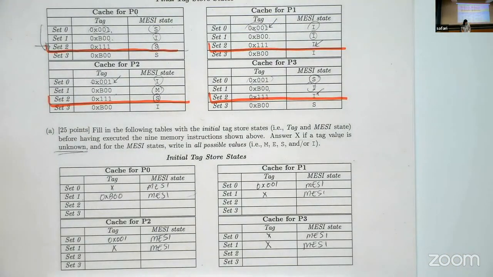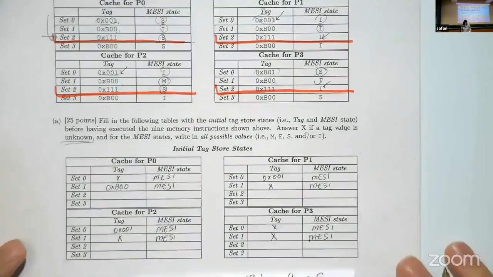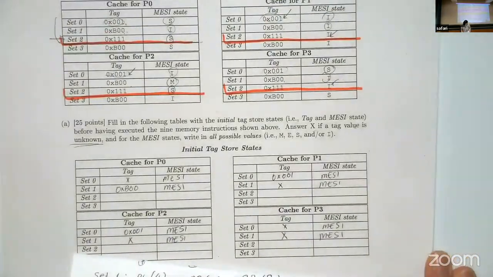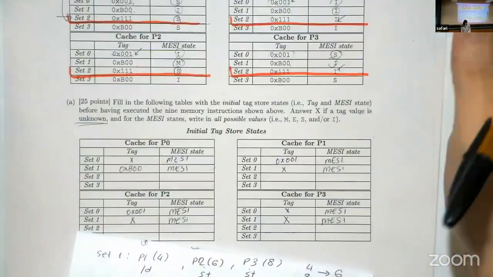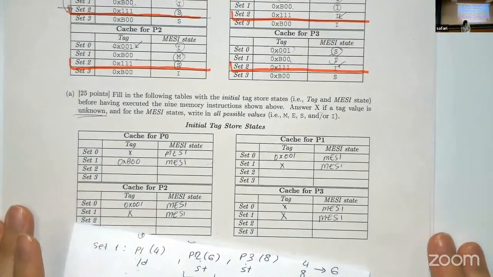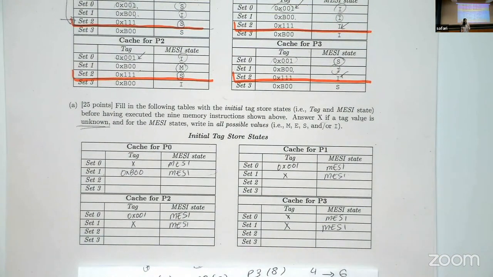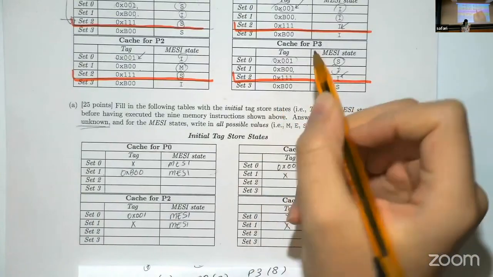And when we think about the initial state, let's go there, and maybe you need to also see this. But can you guess the initial tags and states for this one? So it's again very similar. We have a hint here.